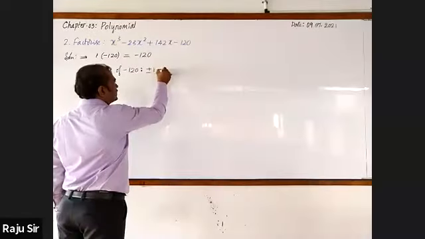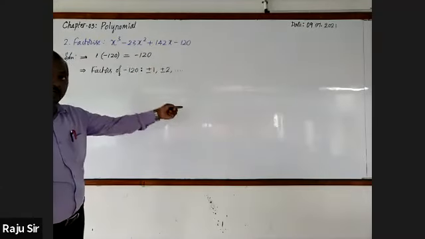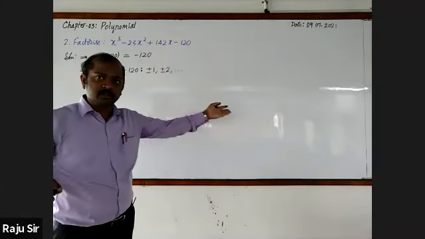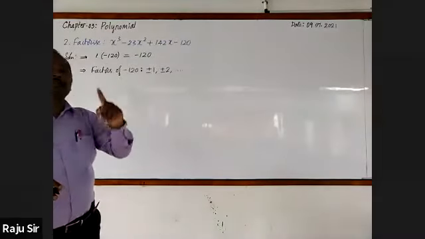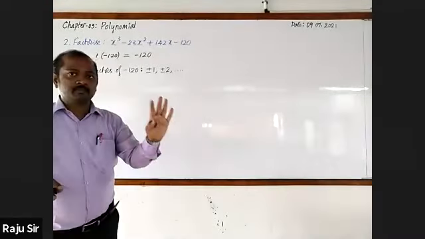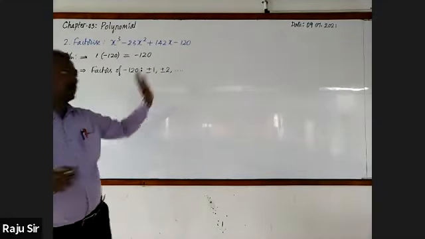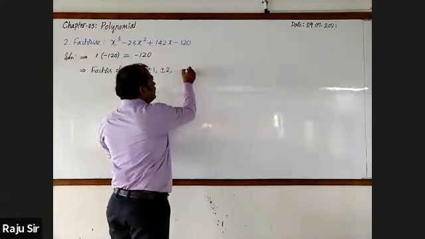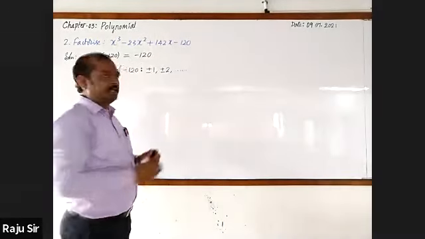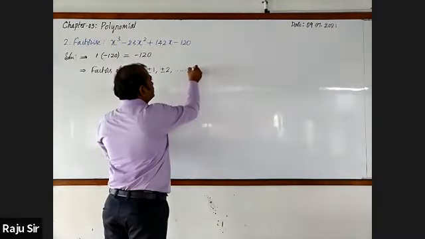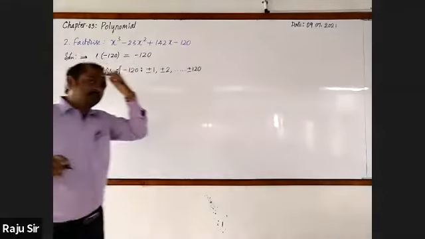Don't tell, just go on writing it. Plus or minus 2, plus or minus 3, plus or minus 4 will also come, plus or minus 5 will come, plus or minus 6 will also come, plus or minus 7 won't come. Got it? Even plus or minus 8 and so on. Anyway, you know that every number itself is a factor. Hence I write plus or minus 120. This is the last factor.